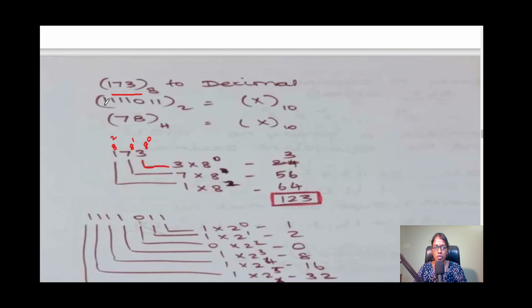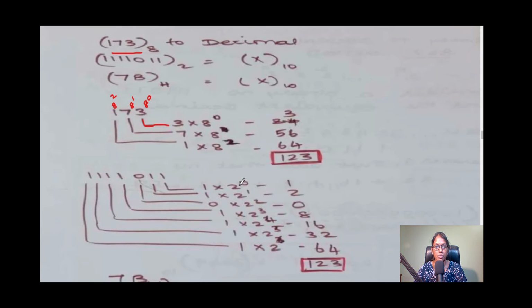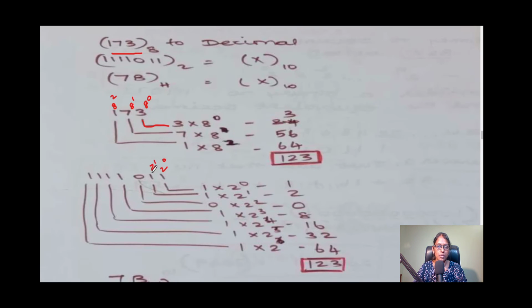In the same way, this is a binary value, and they will ask questions like this: 1111011 is a binary value. How to convert this binary value into a decimal value? Take down this number and multiply it by the powers of 2: 2 to the power 0, 2 to the power 1, 2 to the power 2, 2 to the power 3, 2 to the power 4, 2 to the power 5.